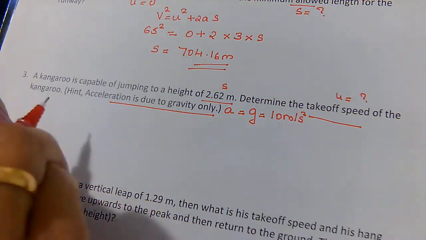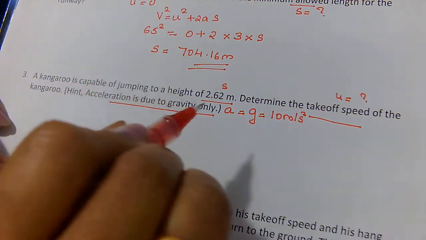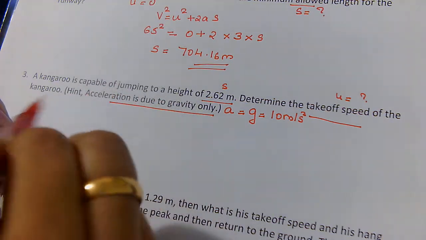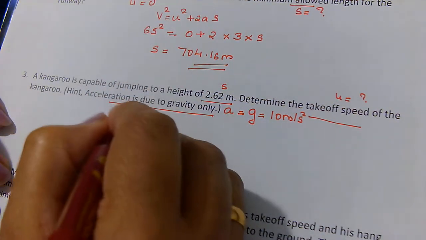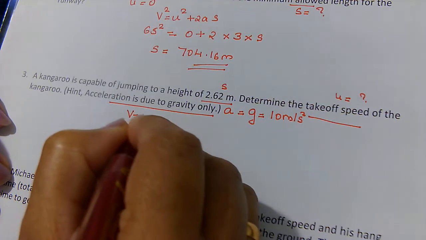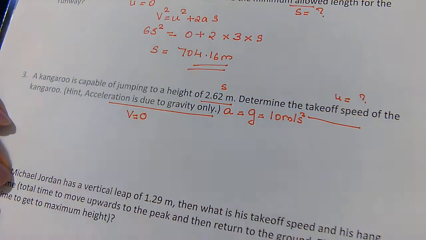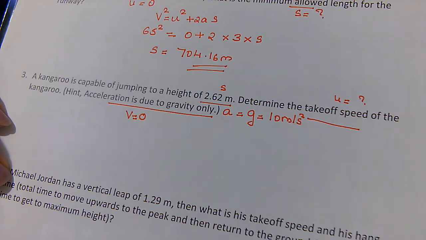And then another thing you have to keep in mind in such questions is whenever something is going to a maximum height, at the maximum height they won't be moving, or their final speed is going to be 0. Whenever any object goes to a maximum height, they won't tell you that separately.